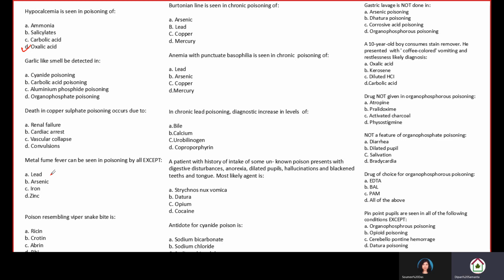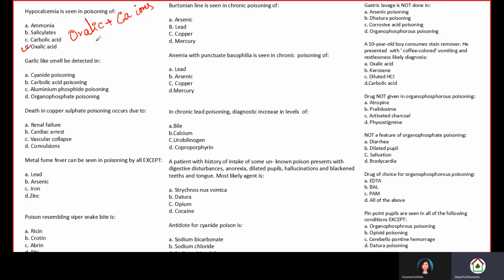Oxalic acid. Now, those who survive a few hours of oxalic acid poisoning, what happens? They get hypocalcemia because oxalic acid readily combines with calcium ions in the body and body tissues and causes their withdrawal from them.